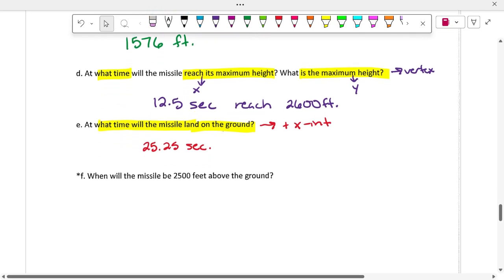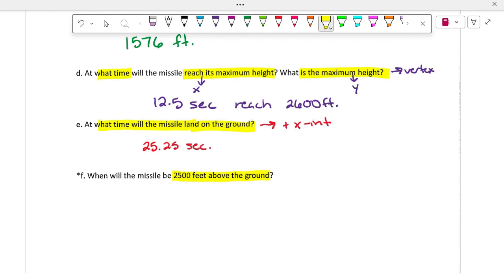All right, last one. When will the missile be 2,500 feet above the ground? So this isn't necessarily a key feature, but what would I put into Desmos? y equals 2,500. Find the points of intersection. So I think there's 2 for this.